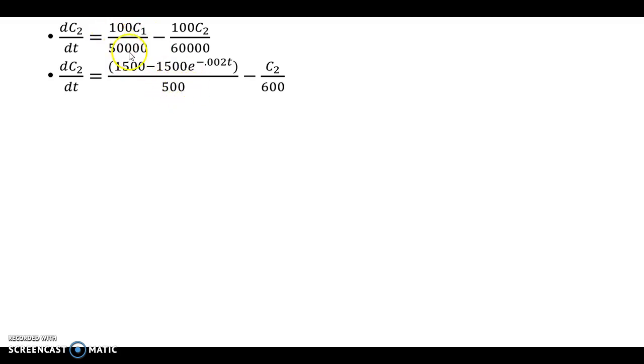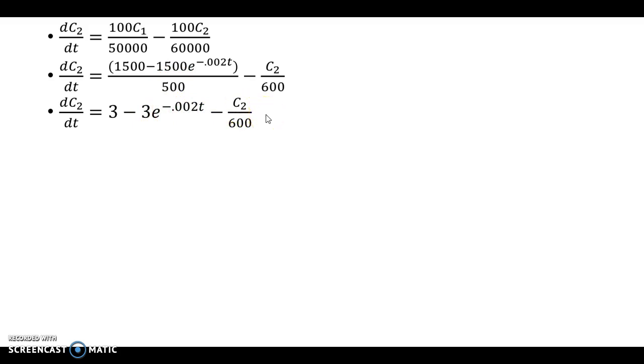So we have 1500 minus 1500 e to the negative 0.002 t over 500 minus c2 over 600. Now we notice that this function is in terms of t and c2. So what I can do is do a little bit of work on this. 1500 divided by 500 is 3, so 3 e to the negative 0.002 t minus c2 over 600.